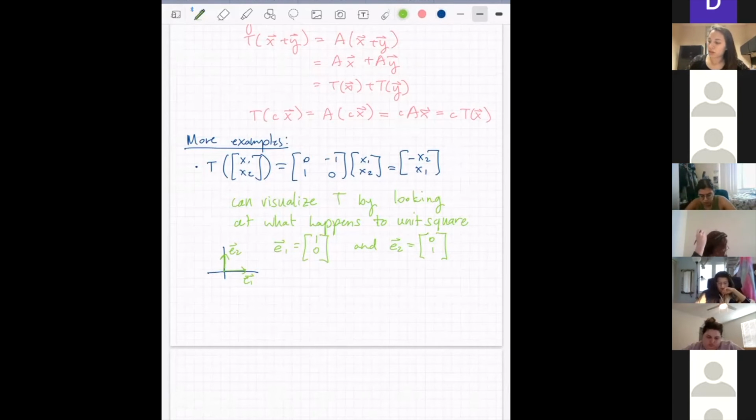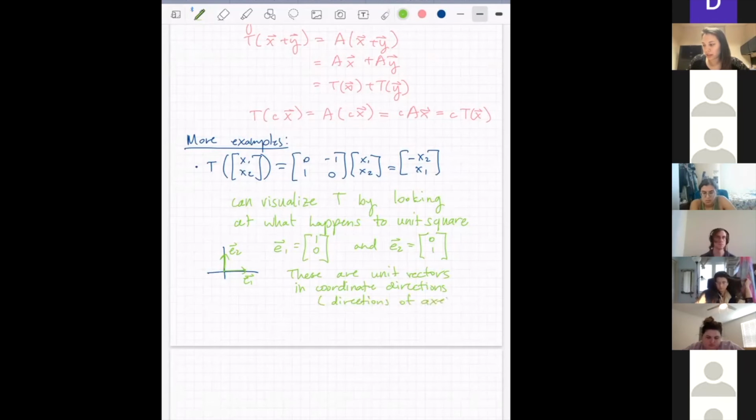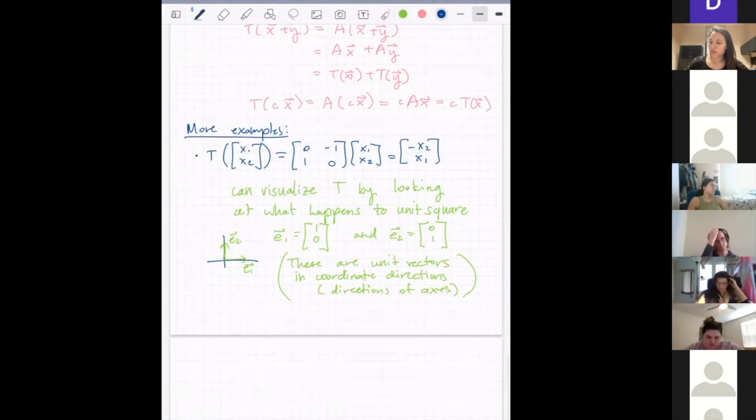Maybe I'll write that down. And what I mean by coordinate directions is really just in the direction of the axes. Okay. So how are we going to use these to visualize our transformation?